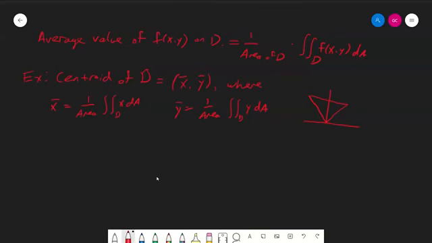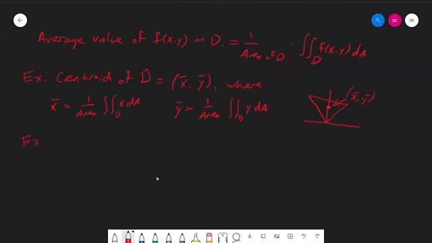And the average y value, well, there are more points up high than there are down low. So the centroid ought to be somewhere around here. But for most regions, you don't have much of an idea of where the centroid is unless you actually do these calculations.